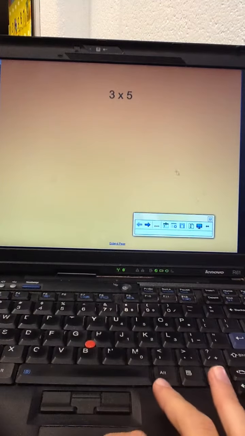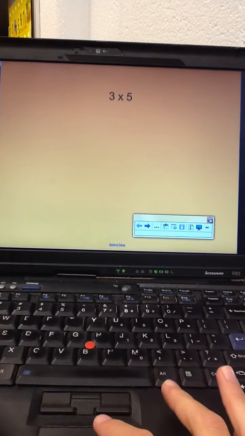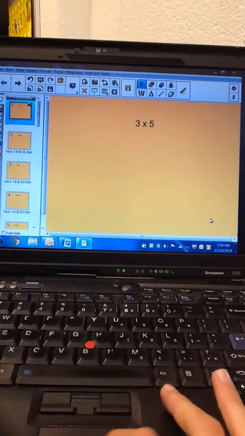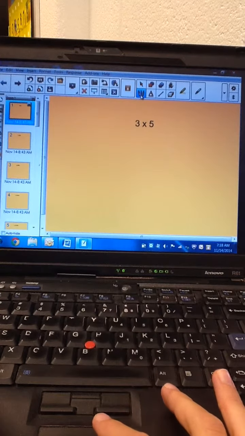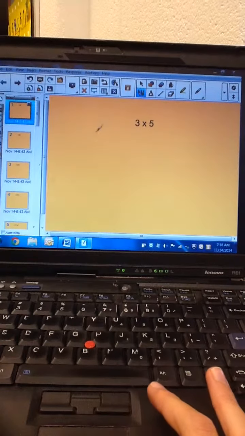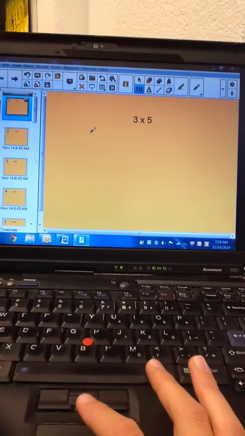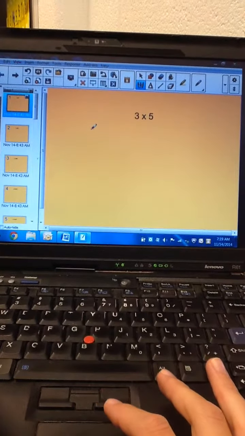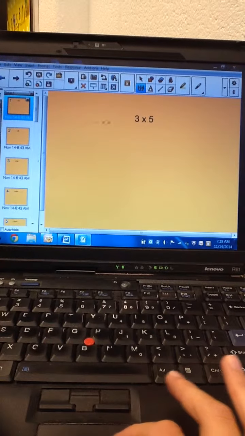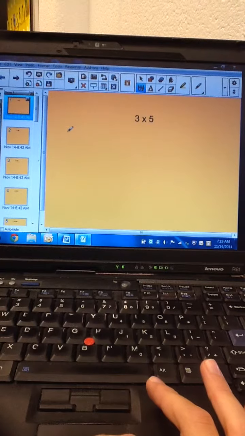We have 5 times 3. 5 times 3 is a pretty easy problem for us. A lot of us already know how to multiply and we already know our answer. But just in case we didn't know how to solve 5 times 3, we could do several strategies. We could draw an array where we have 5 rows of 3 in each.